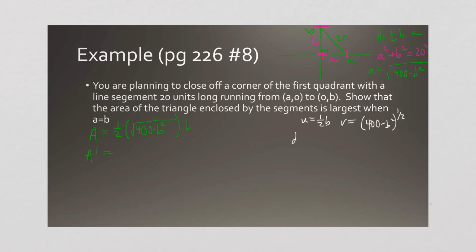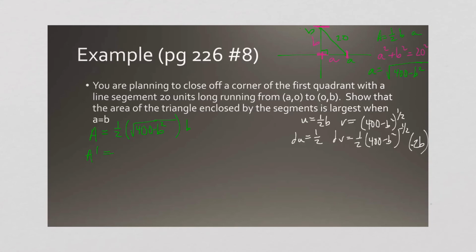So du is 1/2, dv is 1/2 times 400 minus b squared to the negative 1/2 times 2b, negative 2b. So my 2's are going to cancel again if we continue to multiply, and then we use our product rule.